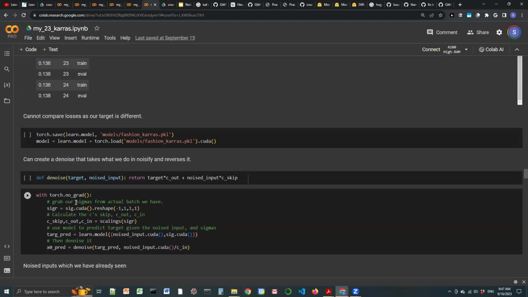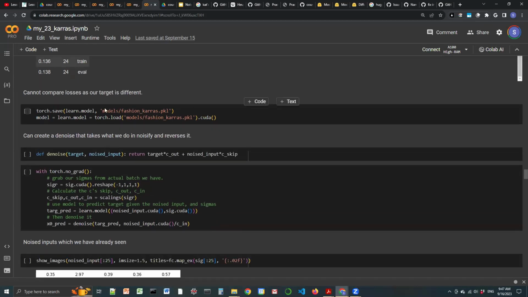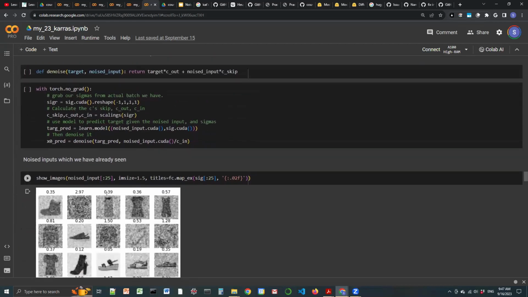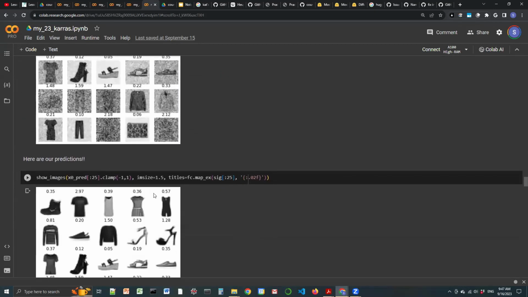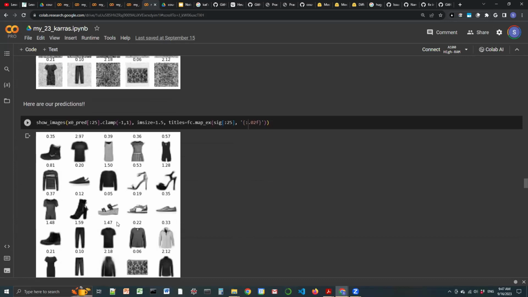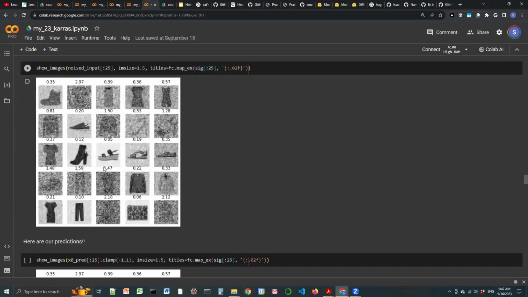We just reverse the equation, and then we do the denoise process: grab our sigmas from our actual batch, calculate the C skip, C out, and C in, use the model to predict the target given the noise input and the sigmas, and then we denoise it. These are the noise inputs we have already seen, and here are our predictions. You can see that the predictions are pretty good.